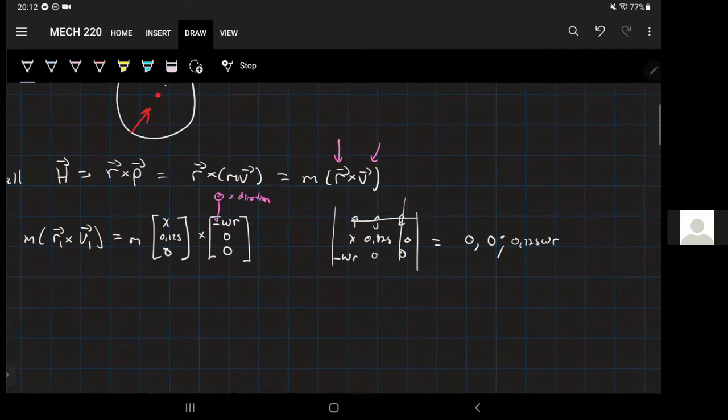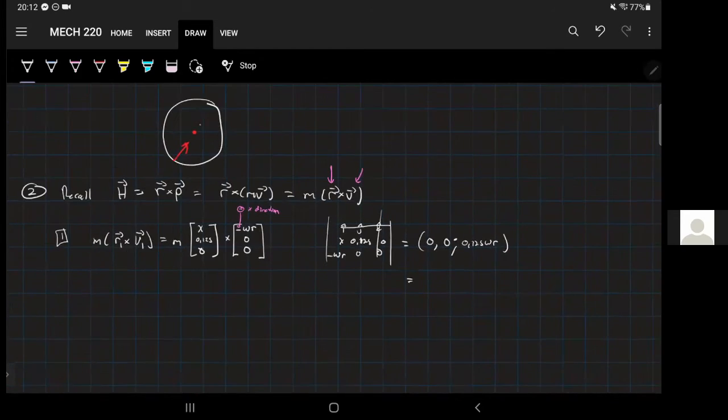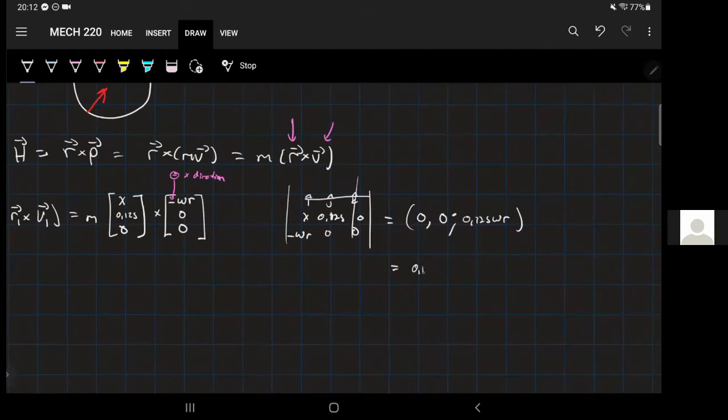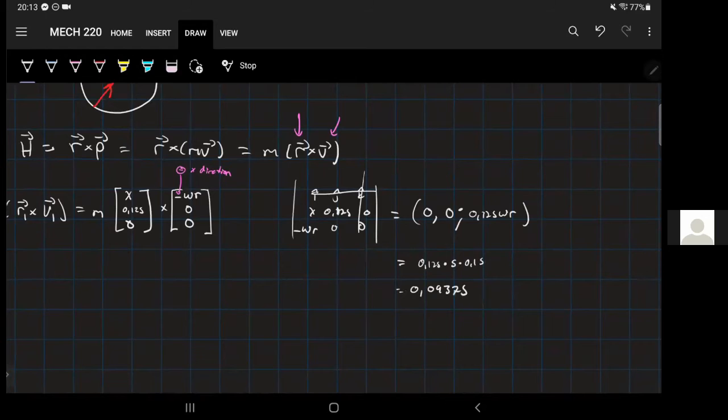0.125 omega r, right? I know my omega is given to be 5 and my r is given to be 0.15 meters, right? So I get 0.125 times 5 times 0.15 equals 0.09375, right?